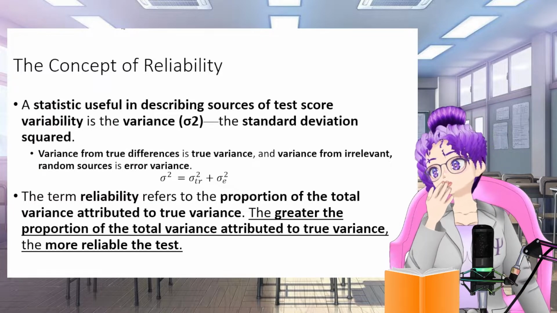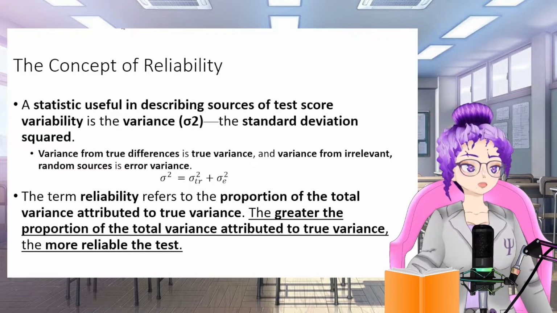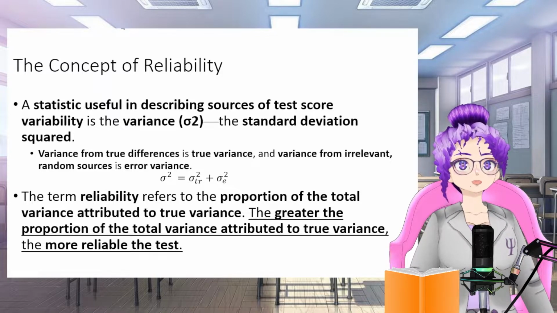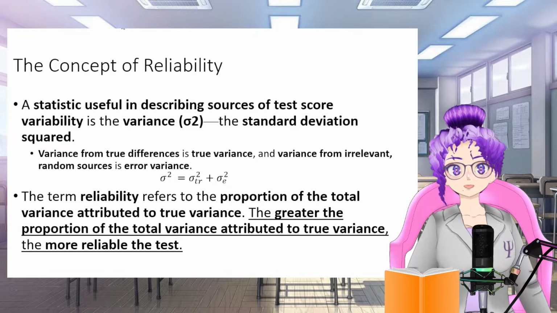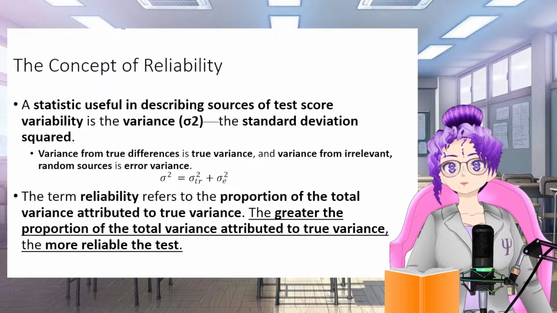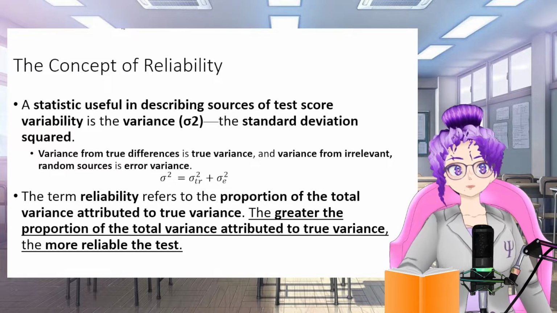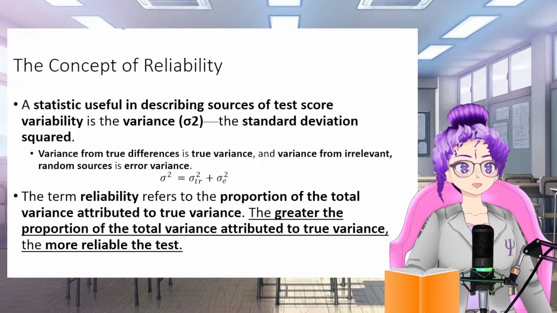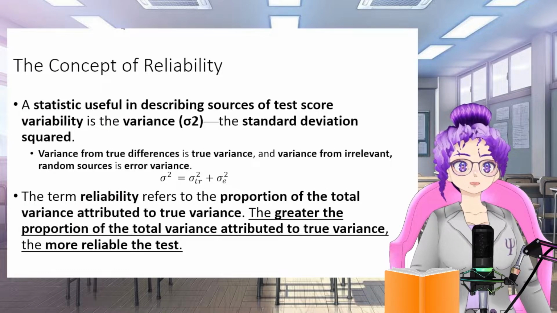A statistic used in describing sources of test error is, of course, variability. If you remember, in standard deviations, we are looking for how spread out the data is, how varied the test scores are. So, the statistic we use in describing the sources of test score variability is the variance, or the standard deviation squared.